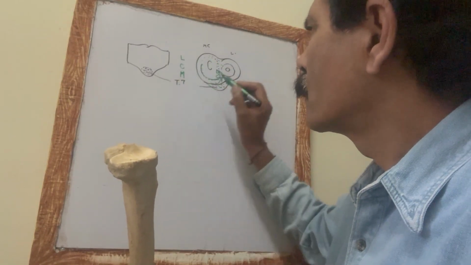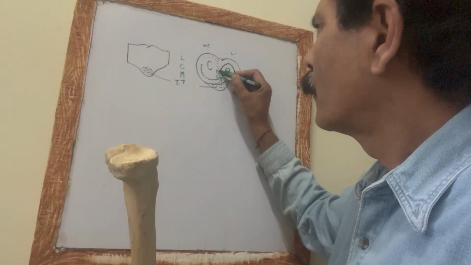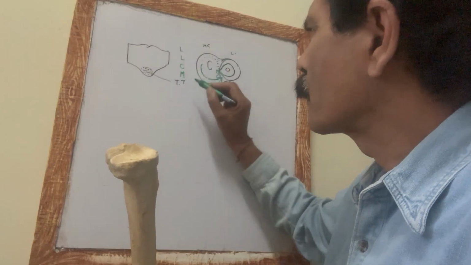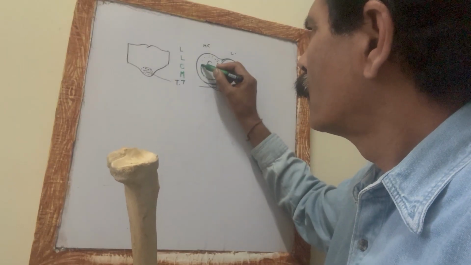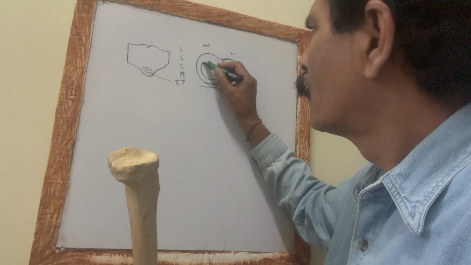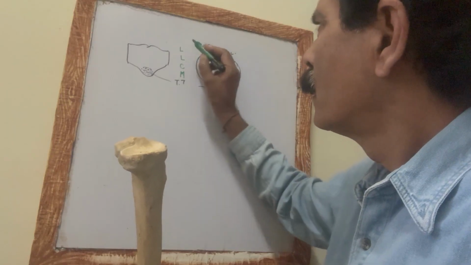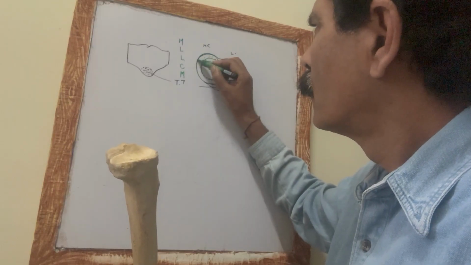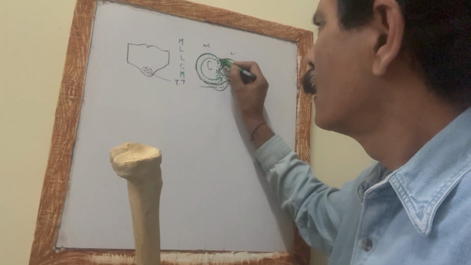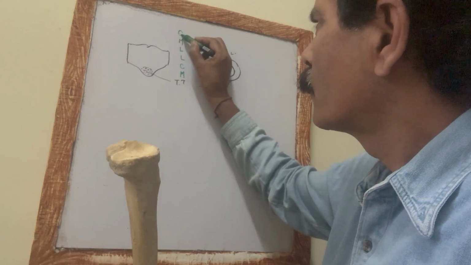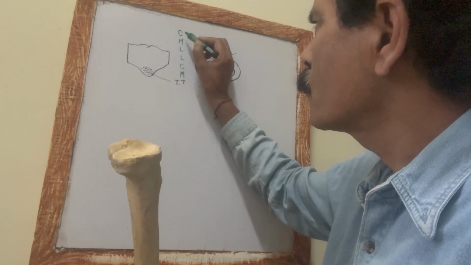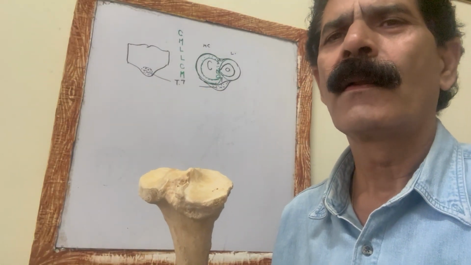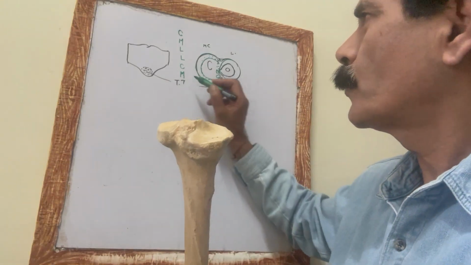Then on the 4th position, the posterior horn of the lateral meniscus comes. Then comes the posterior horn of the medial meniscus. And last of all, posteriorly, in the 6th position comes the posterior cruciate ligament. So in this way, these 6 structures are attached from anterior to posterior side.